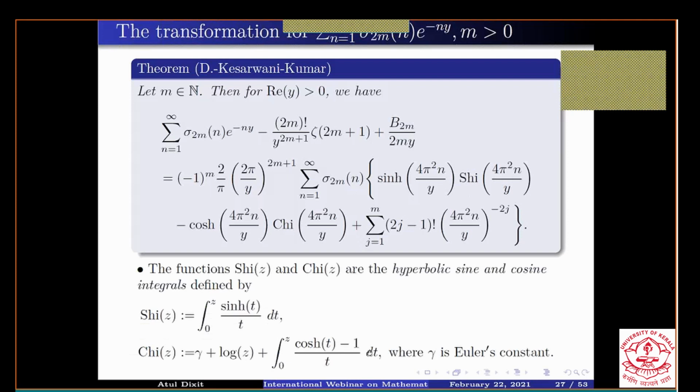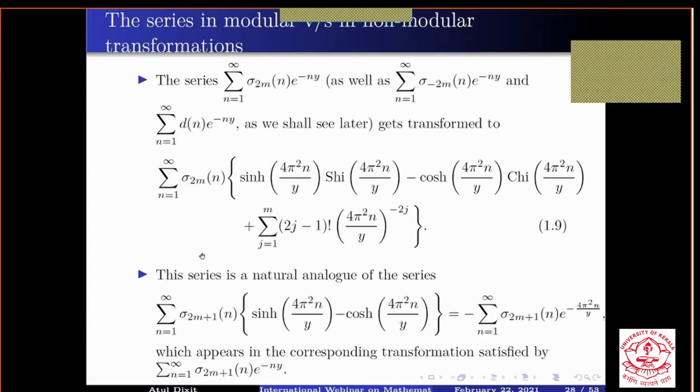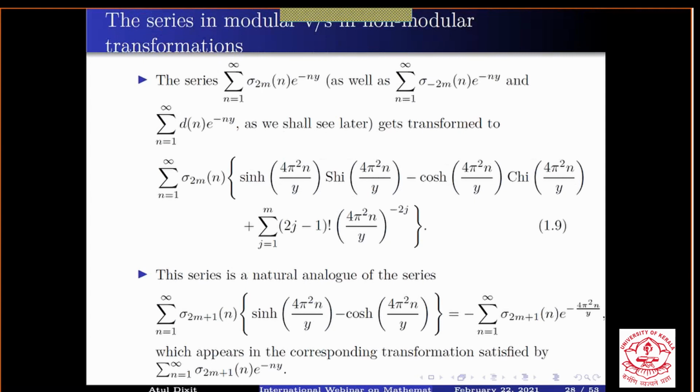Okay. Now you may say that, okay, you have obtained some transformation, but of what good is it, or how is it really important? Why should one look at it? Let's see the similarity between the series that we got for a equal to 2m and the original, well-known series when a is an odd integer. So when a is an odd integer, what you see is exactly a similar type of series.